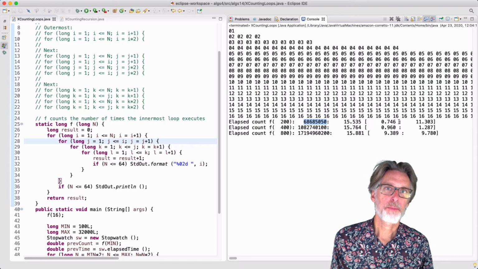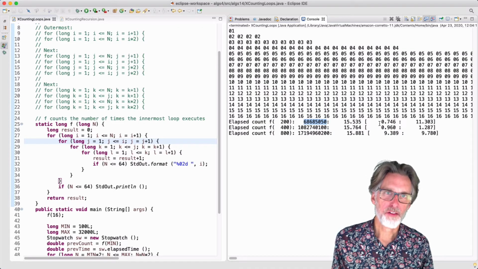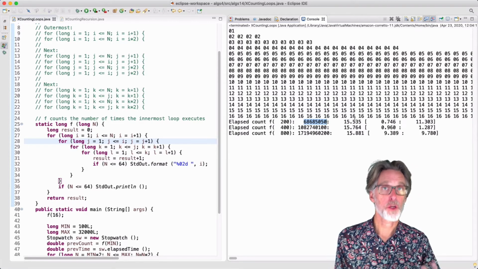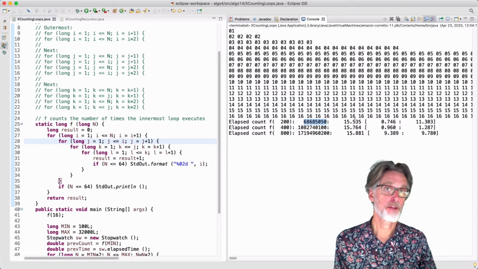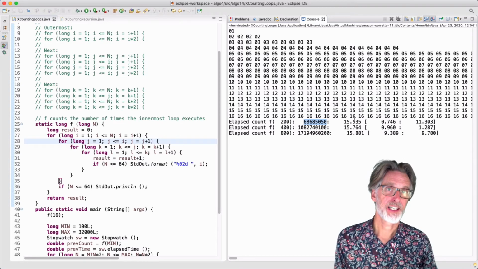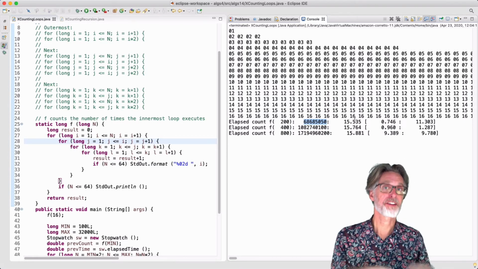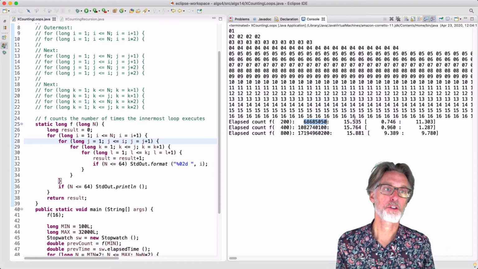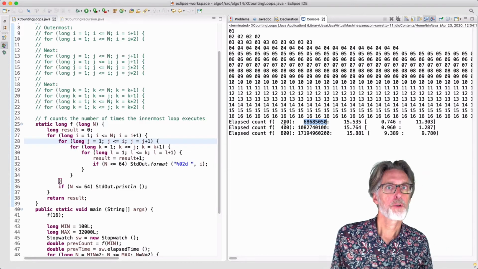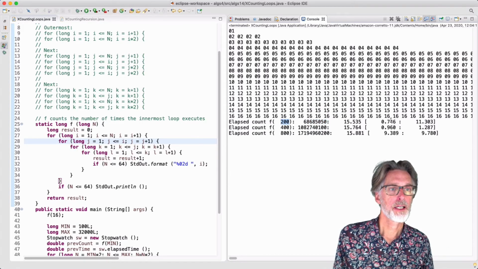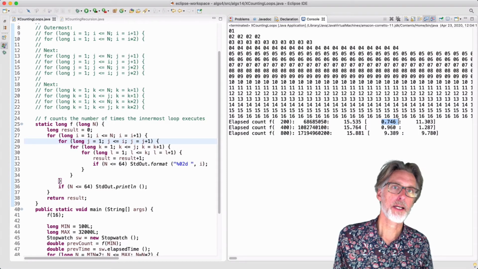Well, it's taking about 1/24th the amount of time it took for the 4-dimensional cube. So my 4-dimensional pyramid is 1/24th the size of my 4-dimensional cube. For input size 200, it's taking a little less than a second on my machine.